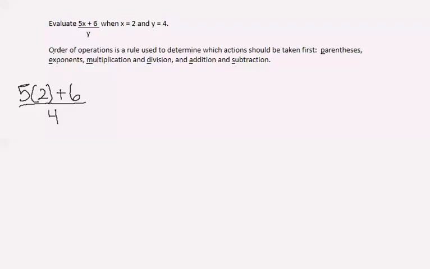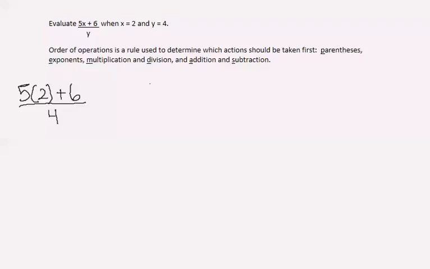And again, following the order of operations, I will want to do multiplication and division before I do any addition and subtraction. So the next step would be to do the multiplication and division.